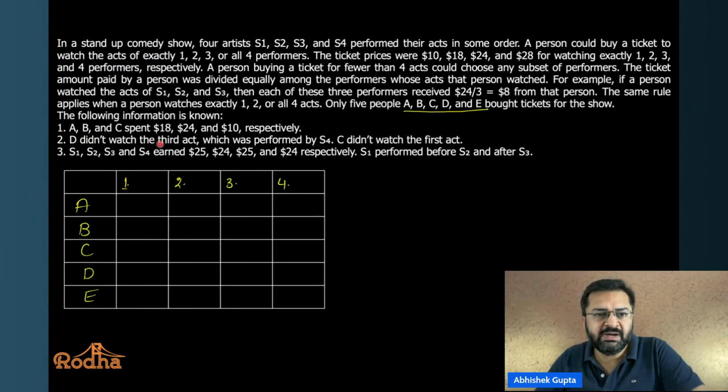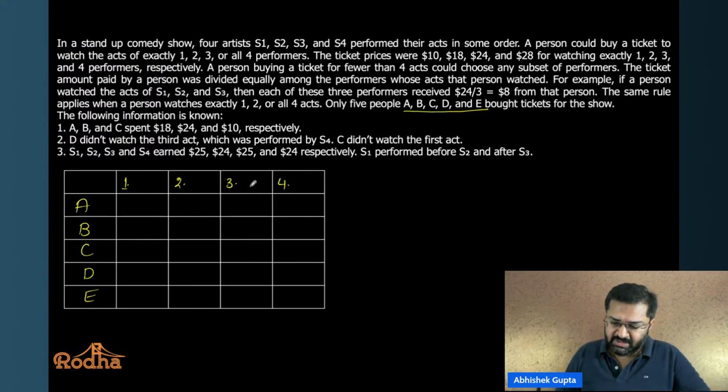So when it says D did not watch the third act, which was performed by S4, and it's obvious from here as well, what this part basically means is that S4 performed the third act. So here, what we can write using this statement 2 directly is that S4 did the third act. So here, this guy is definitely S4. We can write it and it makes the job slightly easier.